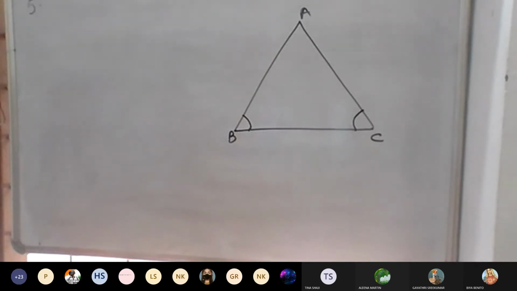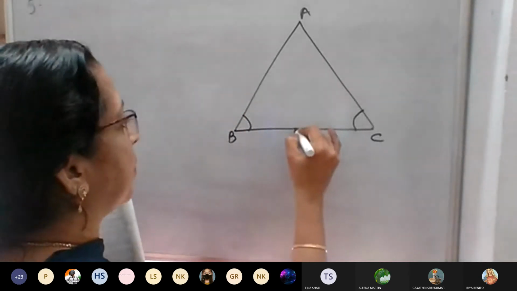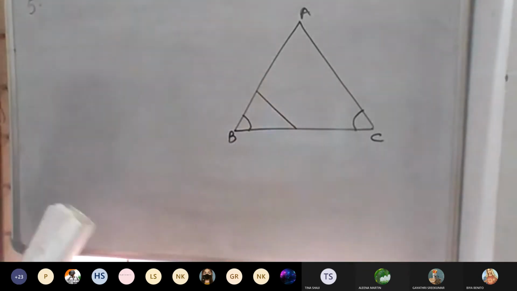Prove that the perpendiculars from the midpoint of BC to AB. Perpendiculars from the midpoint of BC to AB. So BC to AB is perpendicular.